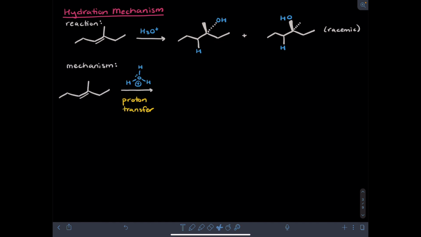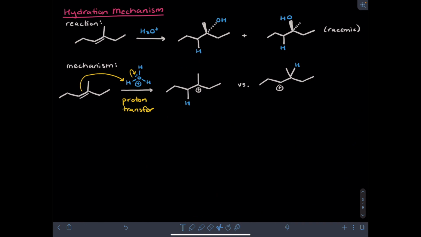The mechanism begins with a proton transfer. The alkene will act as the base, and H3O+ will serve as the acid. I'd have two curved arrows from the base to a hydrogen, break the OH bond, and bring those electrons to oxygen.